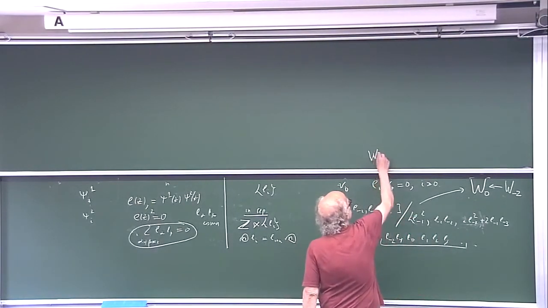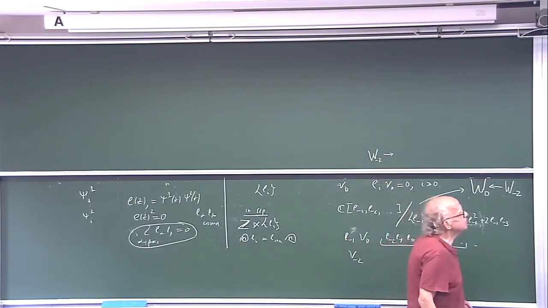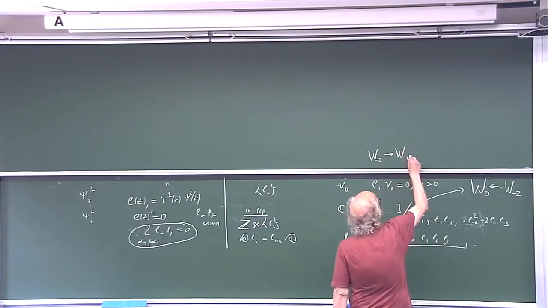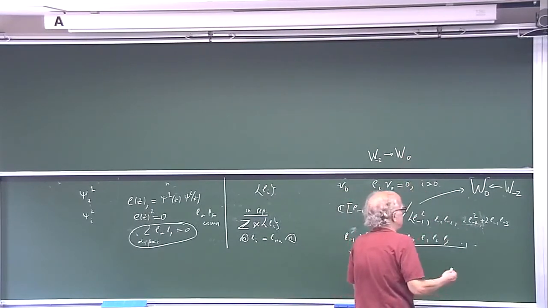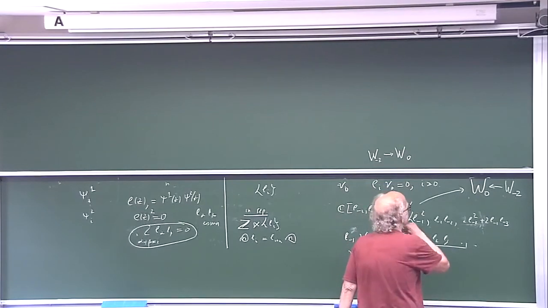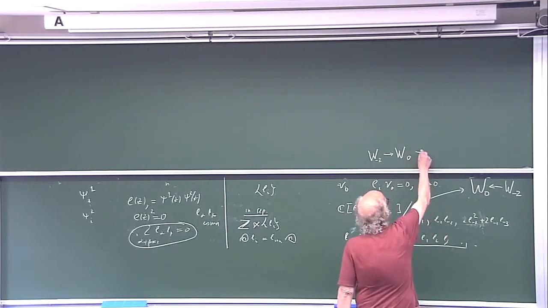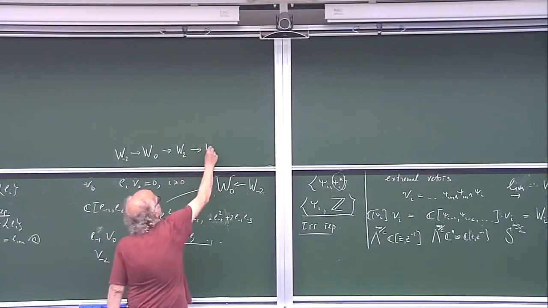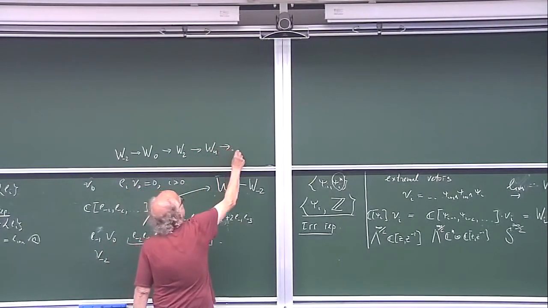So we have, as a result, the same story as here. W0, but in the same way, I can see that there is a map from W2 to W4, and so on.